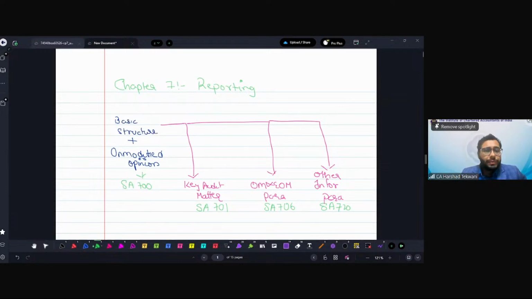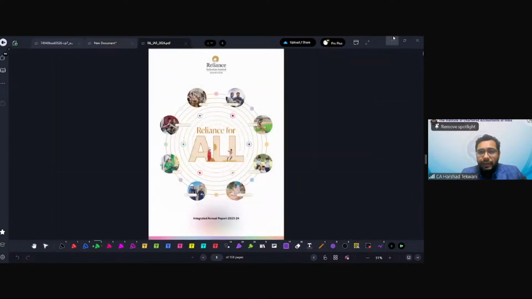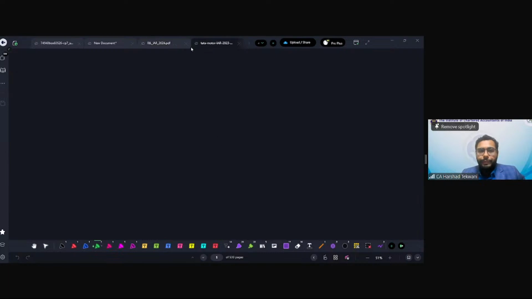It is not something specific or restricted access. You can download this data from the public domain. I basically have 2 to 3 audit reports with me, so we will compare each and every one so that we can have good clarity on the topic.